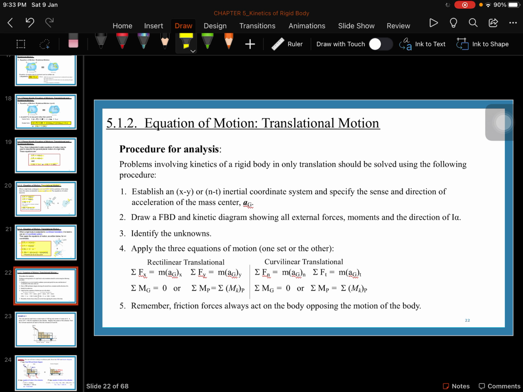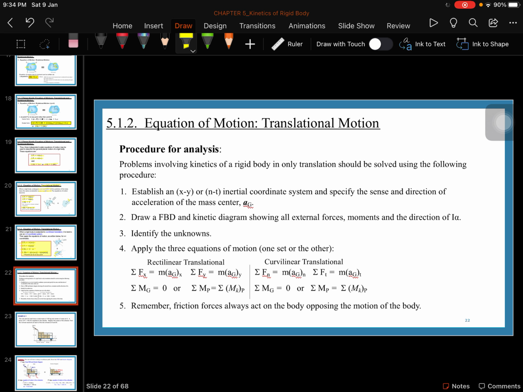Procedure for analysis. So how to solve for this translational motion of a rigid body. Problems involving the kinetics of a rigid body that is only translating should be solved using the following procedure. First, establish an x, y or n-t inertial coordinate system and specify the sense and direction of acceleration of the mass center aG.